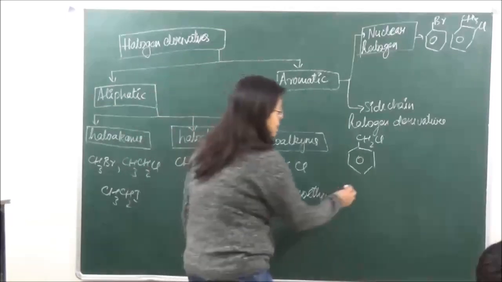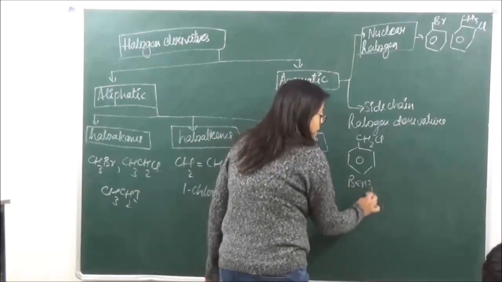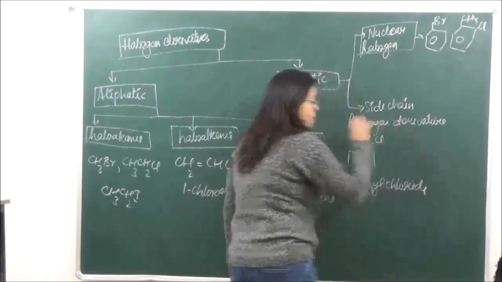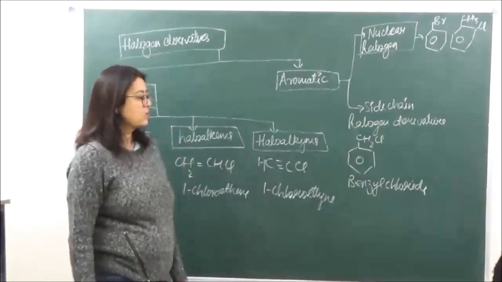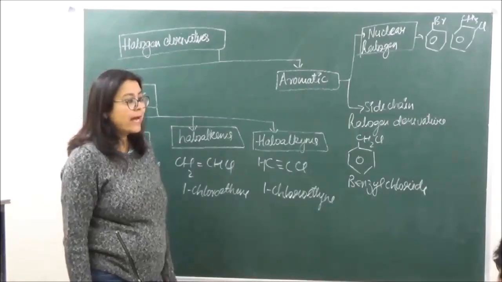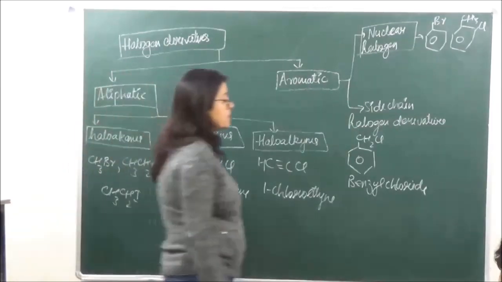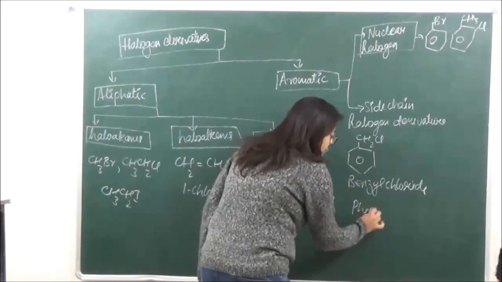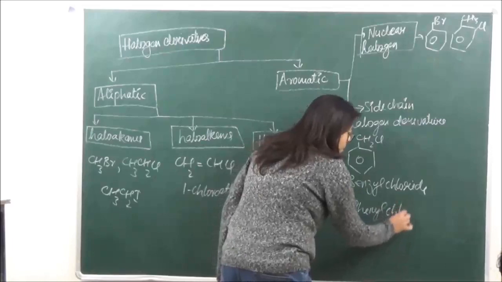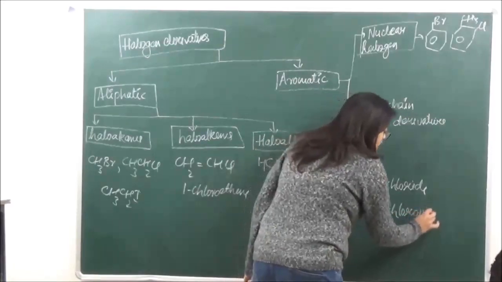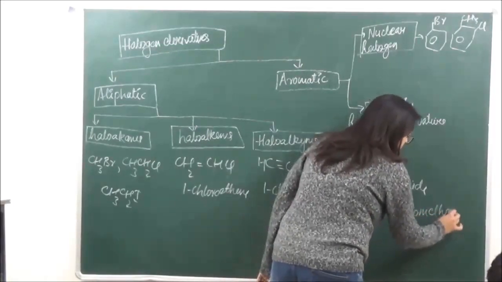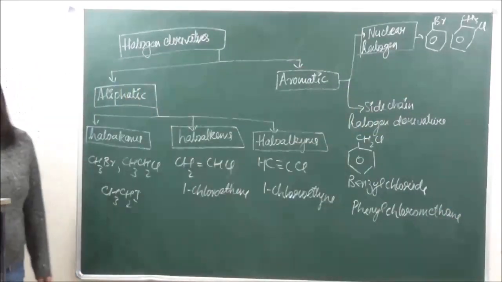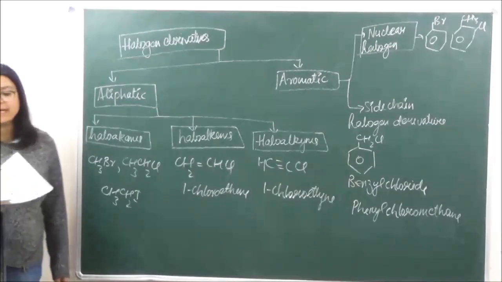This is known as, if you're looking at the common name, this is known as benzyl chloride. ठीक है? This is going to be known as benzyl chloride. और अगर हम इसका IUPAC नेम लें तो this is going to be phenyl chloromethane. Okay, so this is how we are going to broadly classify.